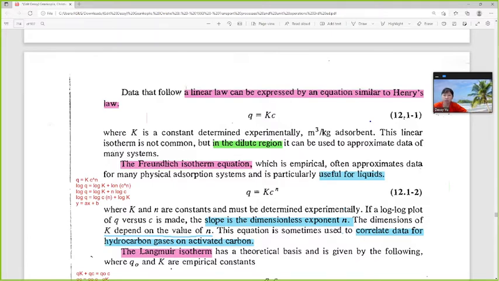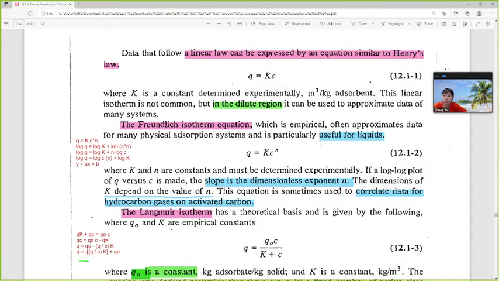And the second equation is the Freundlich isotherm, where we have n. It is useful for liquids. This is the Freundlich isotherm equation.